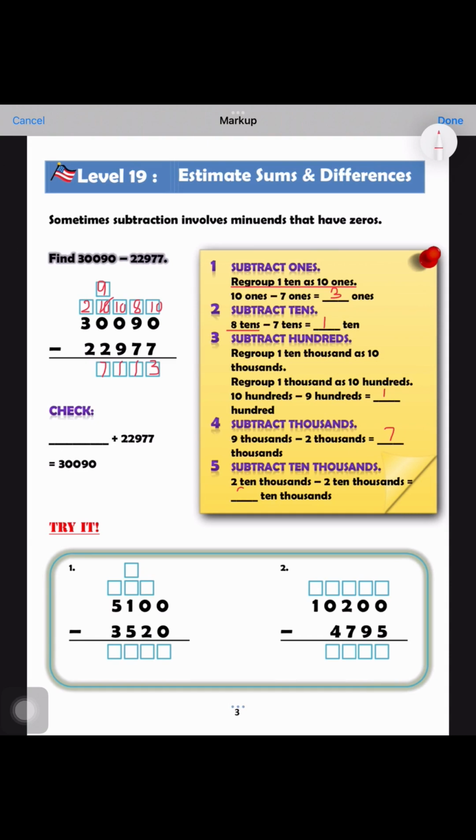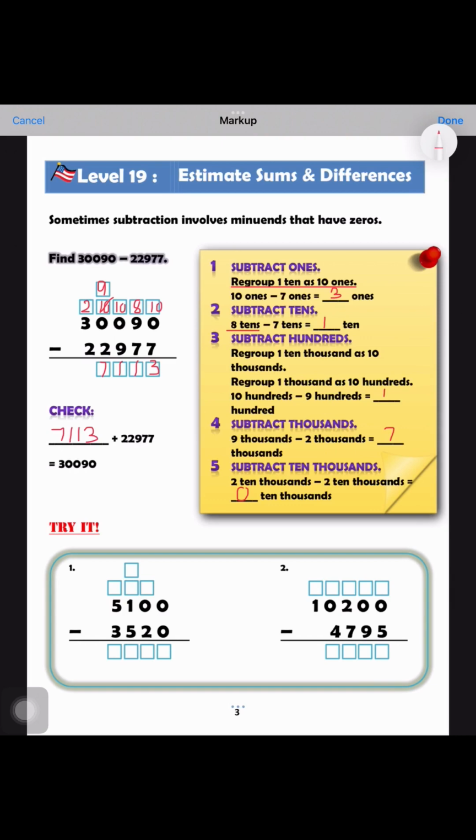We hence do checking. 7,113 plus 22,977 equals 30,090. So we calculated it correctly. So let's complete the exercise below. So 0 minus 0 equals 0.